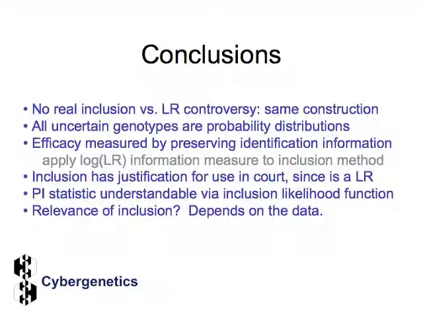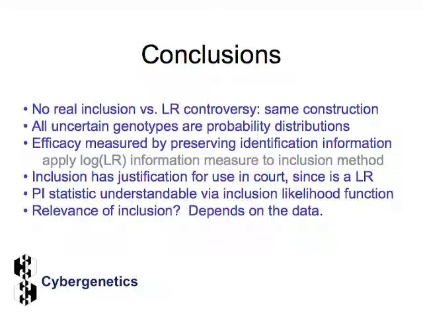By showing that inclusion is a likelihood ratio, we've given it more justification for its use in court, since likelihood ratios are always accepted in court. Also, the inclusion statistic can be understandable through its inclusion likelihood function. It's not just a formula where you put in some allele pairs and testify to it. It can be constructed like any other valid genotype probability distribution.